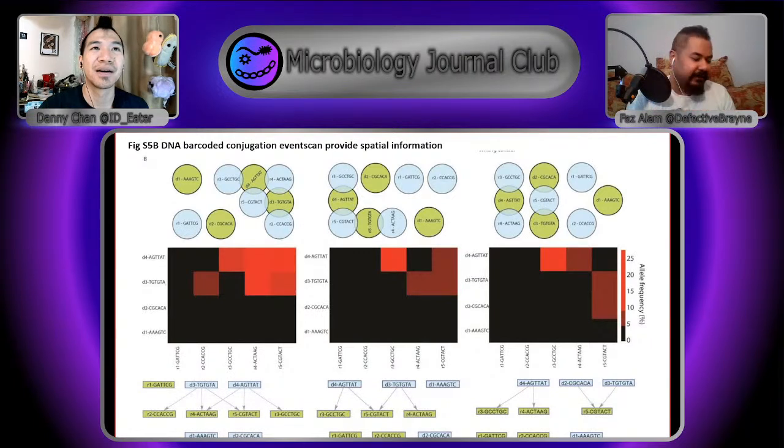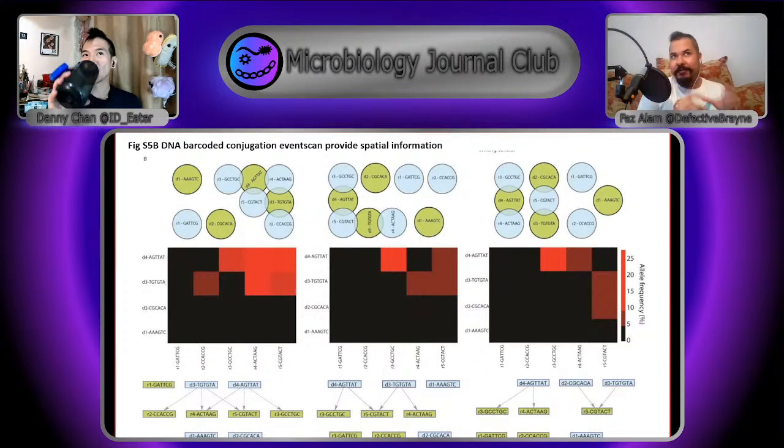Imagine if you took all those different tags and put them on the cell level, so every single bacterium has a different barcode, then mixed them all together and measured the conjugation events. Based on that, they could build out a relationship map between all the bacteria, which should tell you something about their actual locations, or at least what cells they bumped into in that phase.